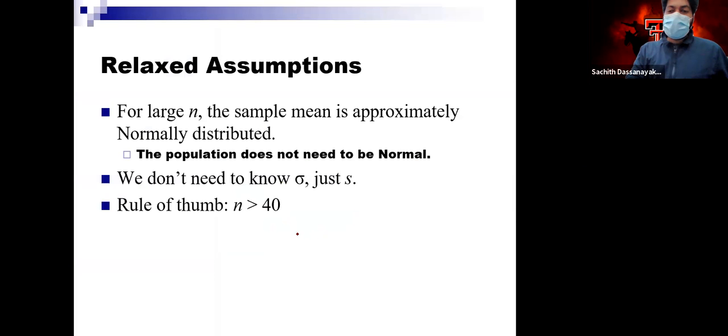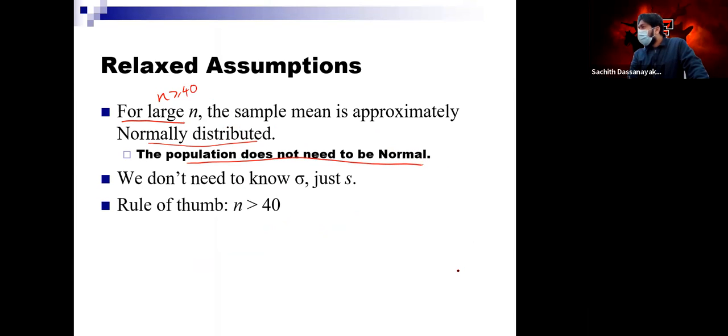You can approximate your sample as normally distributed. This is based on the assumption that for large n, the sample mean is approximately normally distributed, so you don't have to know about the population.